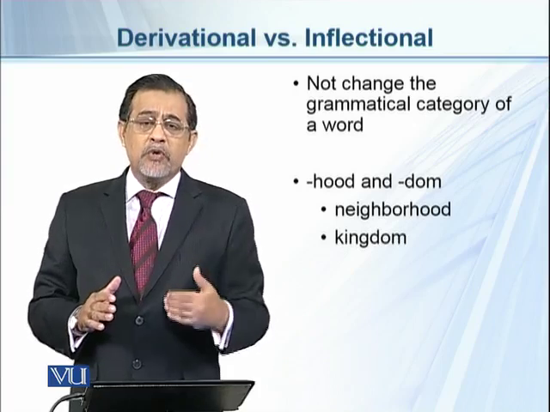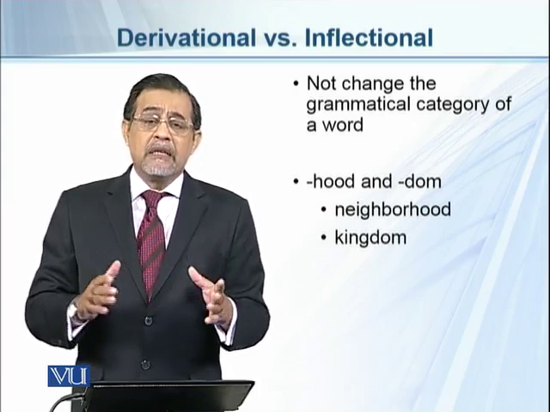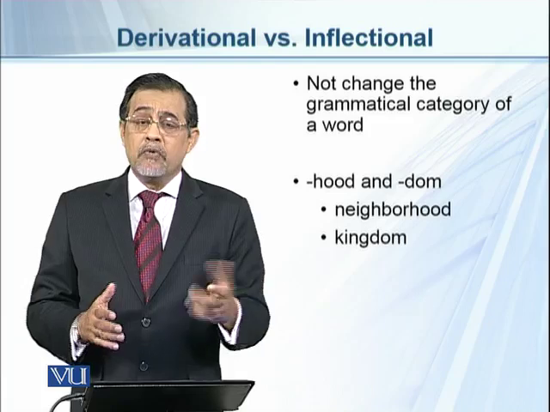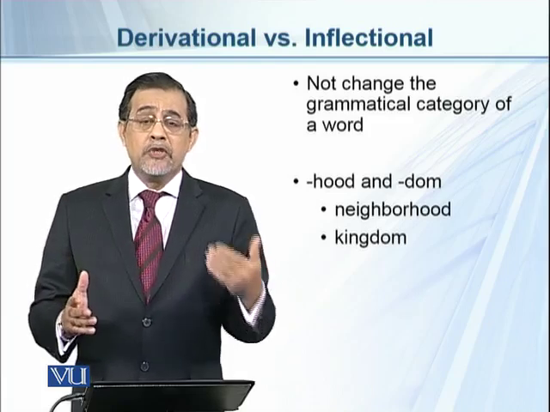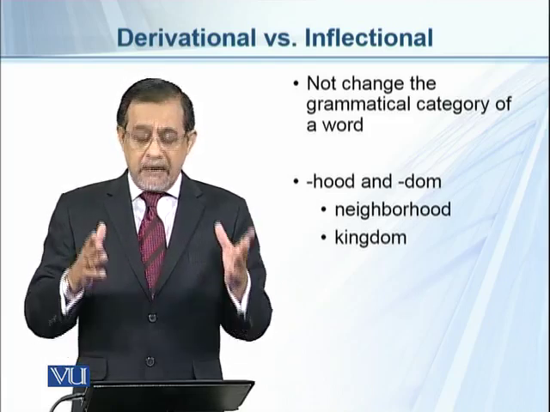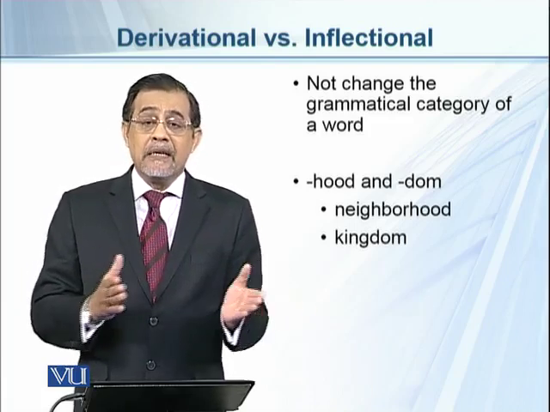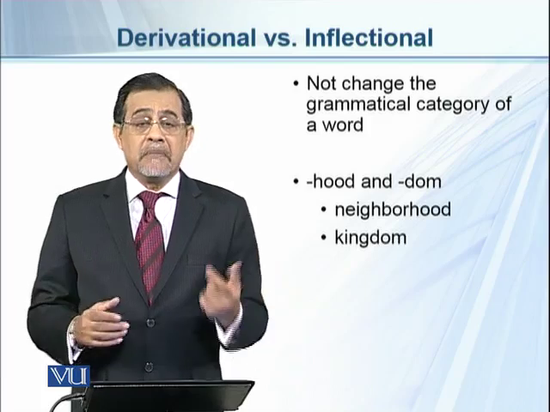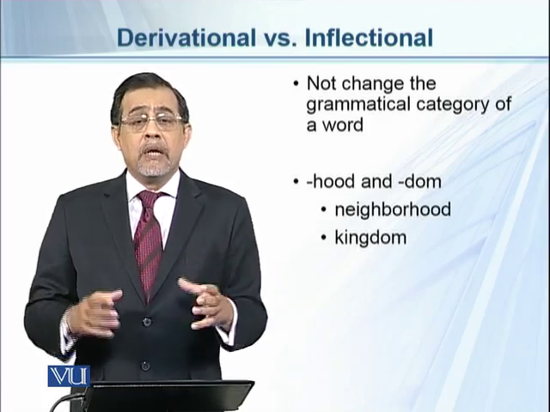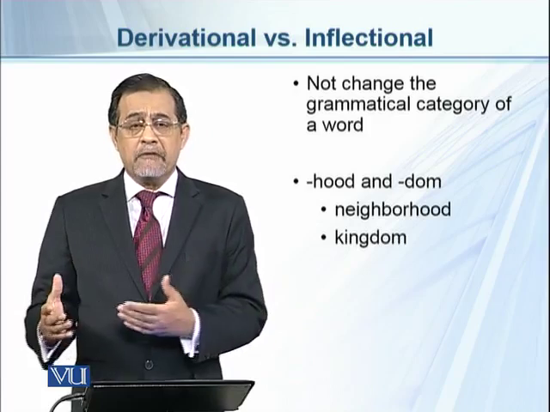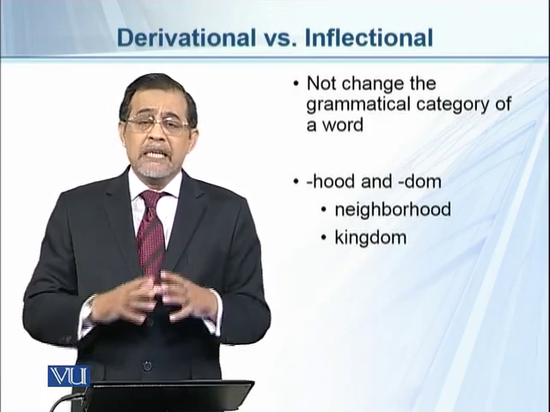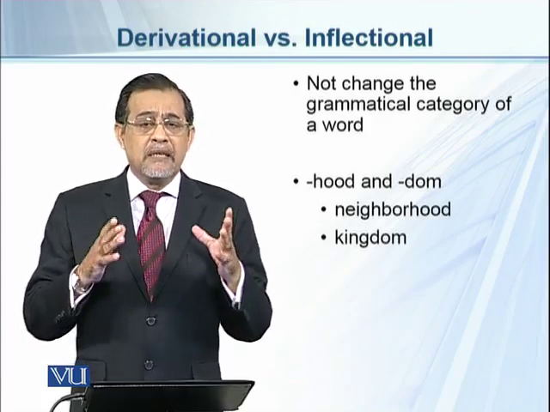We add hood to child to make childhood, right? And the child, which is a noun, remains a noun in childhood. Similarly, we have dom. We add it to king, and it becomes kingdom. King is in itself a noun, but with the addition of this derivational morpheme dom, it still remains a noun.